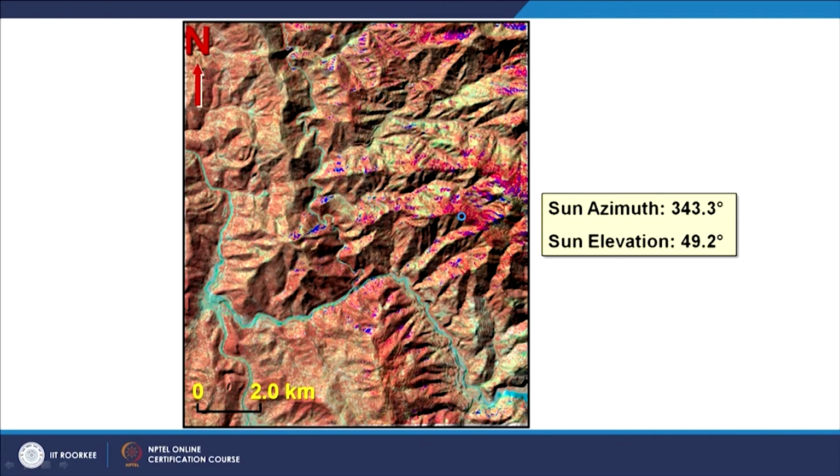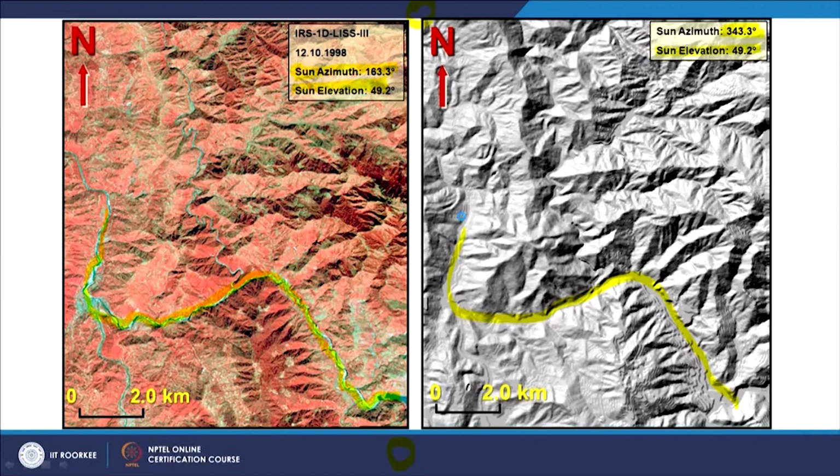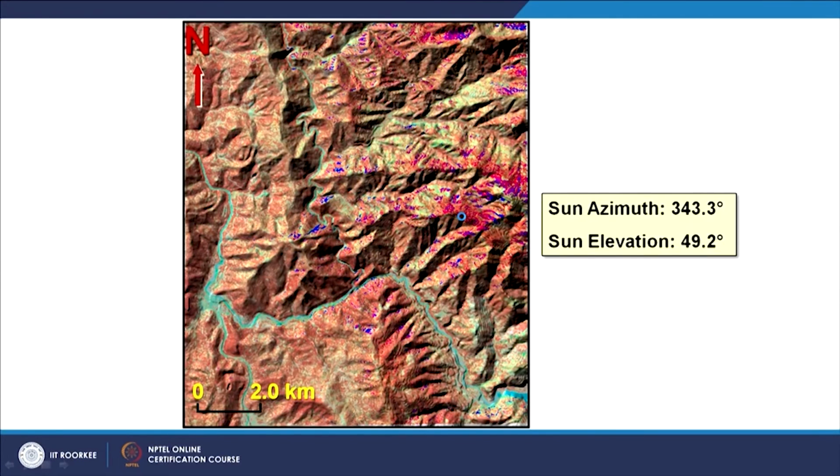At least it is being perceived that it is flowing in the valley, not like in the previous example, where it is perceived to be flowing on the ridge, which is incorrect perception. Here your perception will improve. So to remove false topographic perception phenomena, we can definitely employ a digital elevation model.